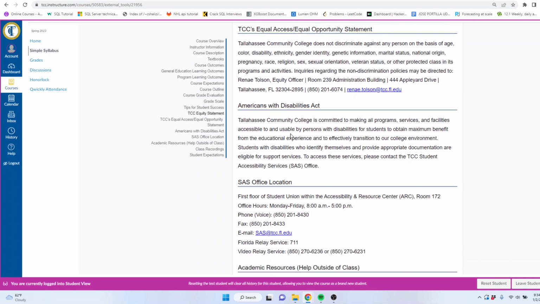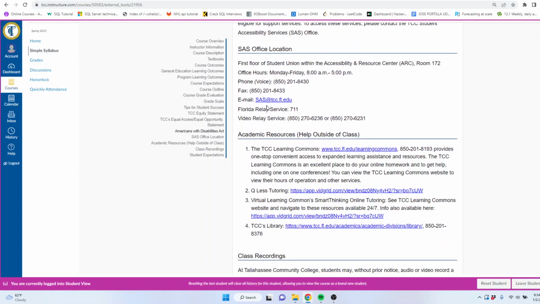Some other stuff. One thing I won't skip here is the SAS office location. If you're a student that gets some sort of accessibility waiver, maybe the big one for an online course is extra time to take tests.